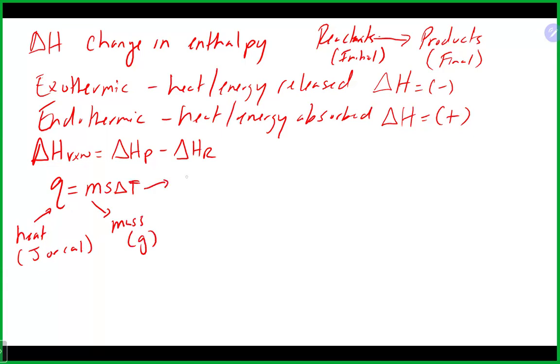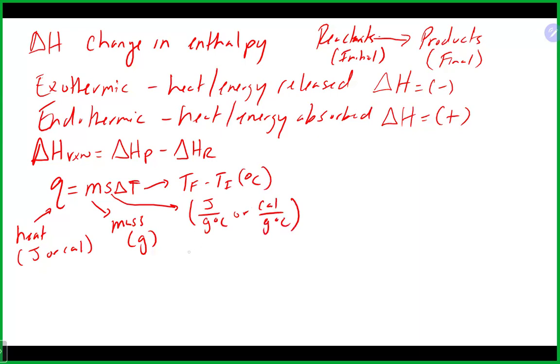Delta T is our final minus our initial temperature. Remember, that's one of the few things in chemistry that we typically leave in degrees Celsius. And S is our specific heat capacity, which has units of joules per gram per degree Celsius, or calories per gram per degree Celsius.